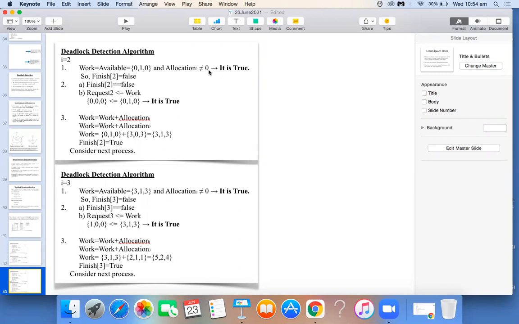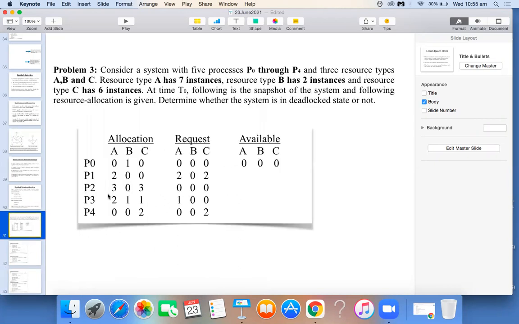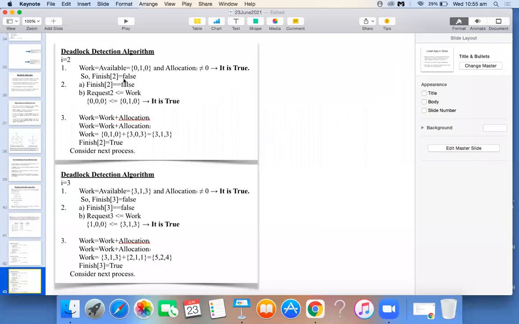What is allocation of 2? 3, 0, 3. It is not equal to 0. So you have to make finish of 2 is equal to false. Go to step number 2.